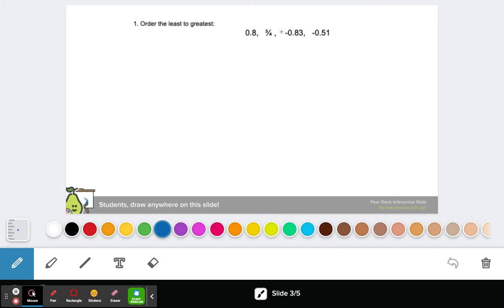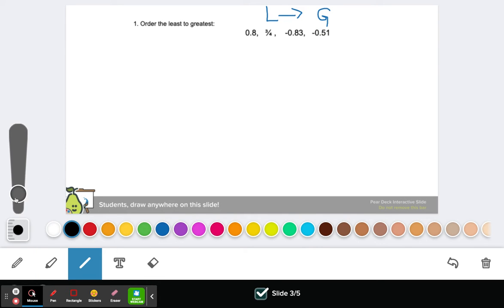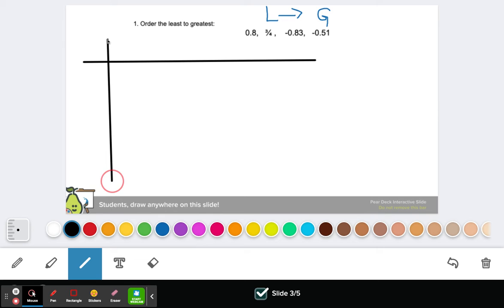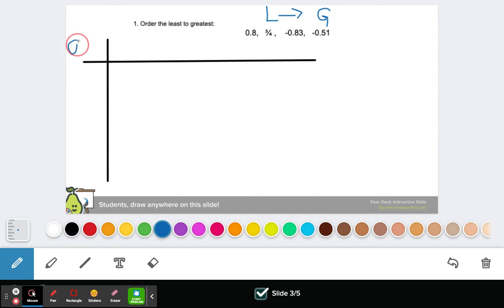Alright, so I need to order these numbers from least to greatest, so I'm going from L all the way to G. Okay, so I'm going to create my table right here. So this right here is going to be my OG, my original.